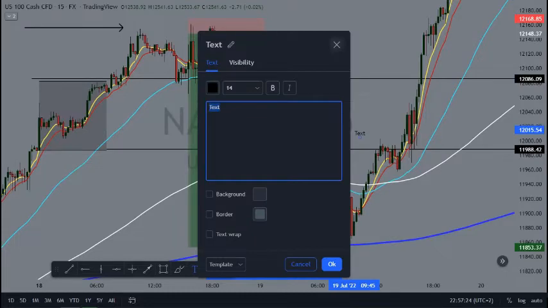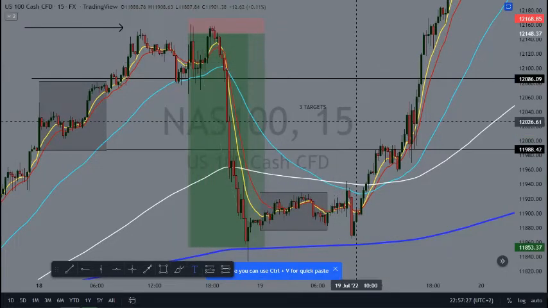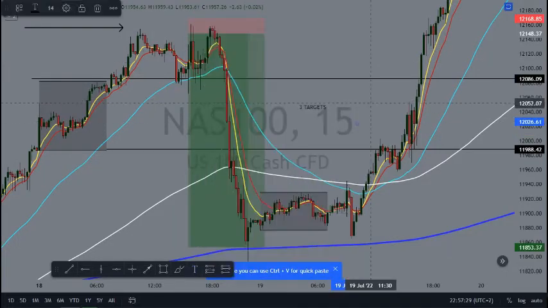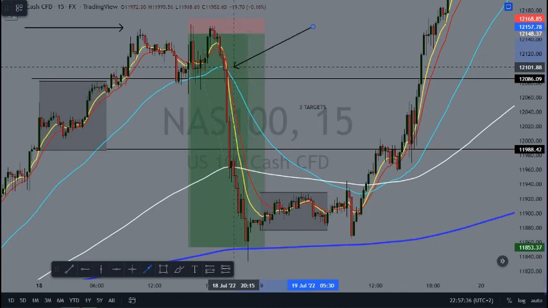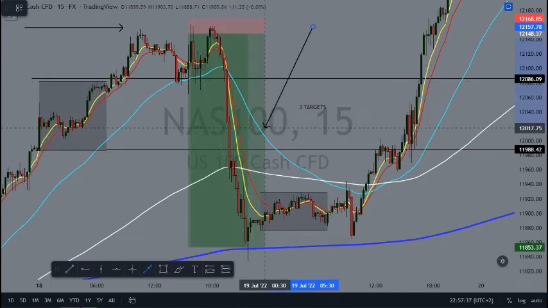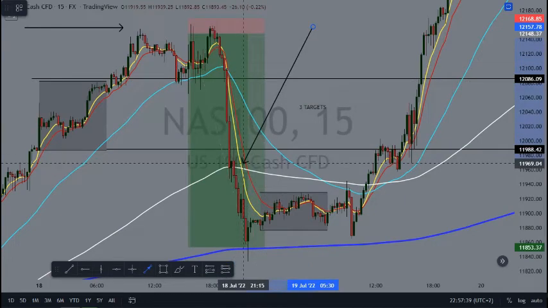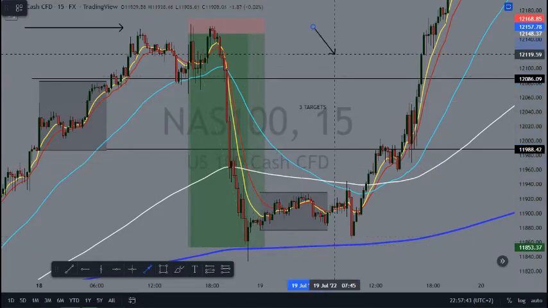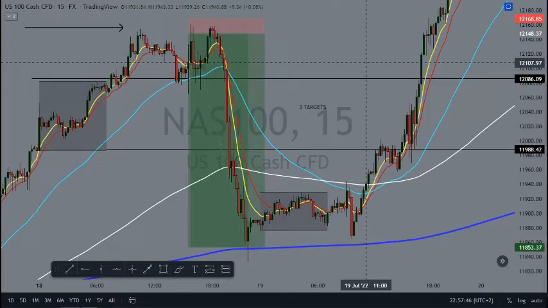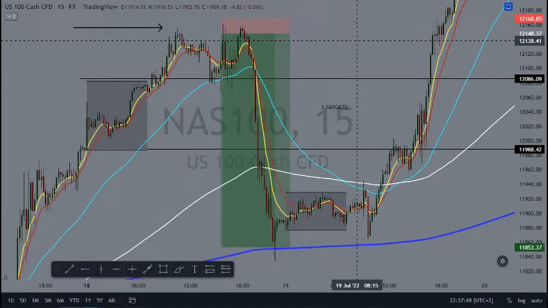The reason I'm saying you get 3 targets is because just look what happened here in the market. This was the first target, which was the 50, and then this was the second target, which was the 200, and then our last target was the 800. So that can also help us to identify targets in the market.